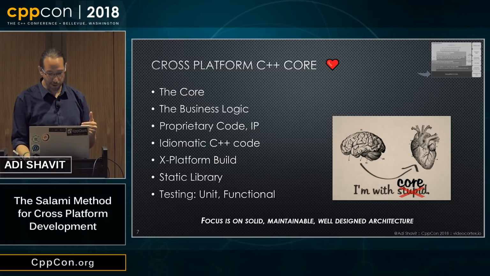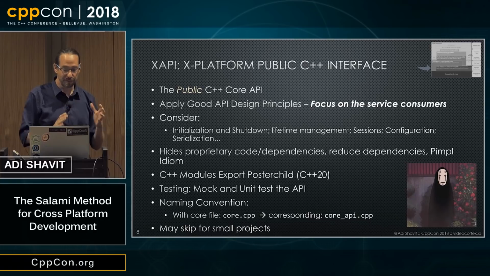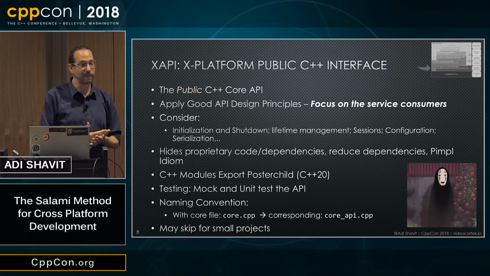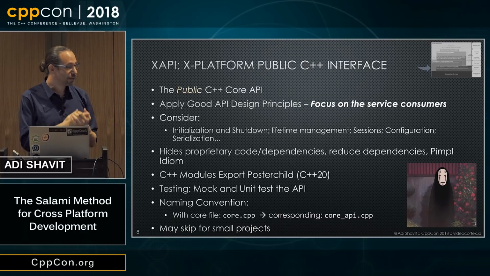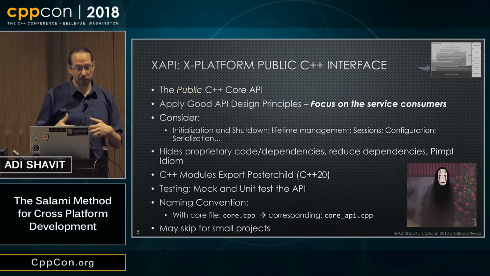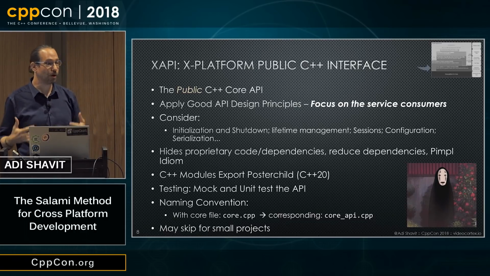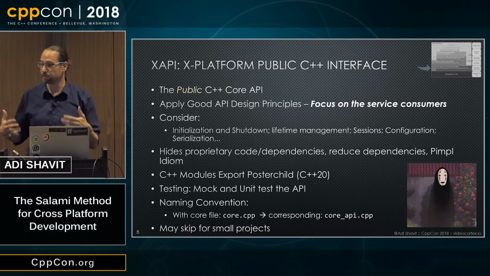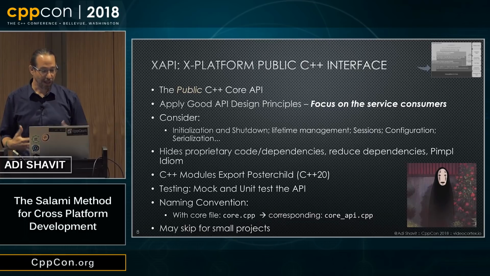Now, going up one level, I'm making a distinction for something called the cross-platform public C++ interface. This is the public C++ core API that we're going to expose to the consumers of the service that we just implemented. And this is where we apply good API design principles.